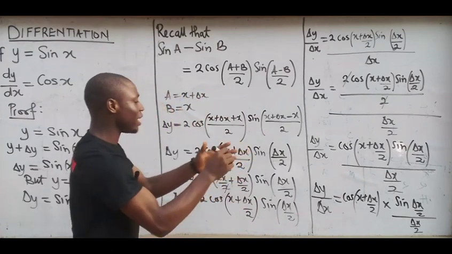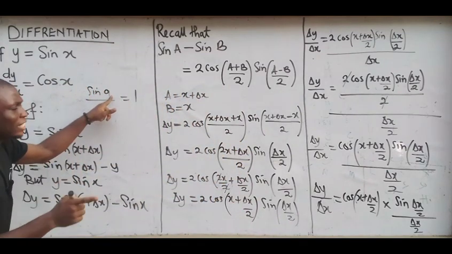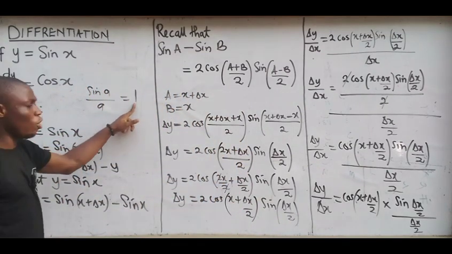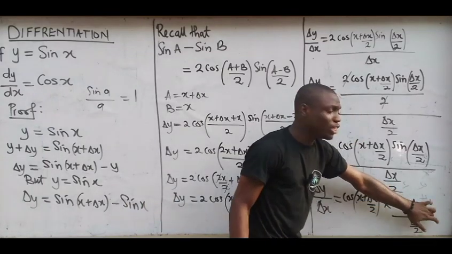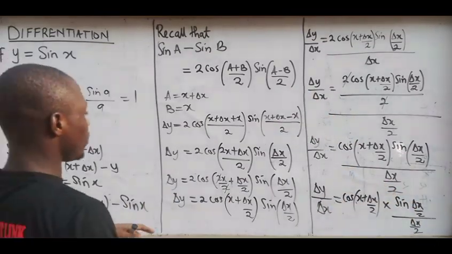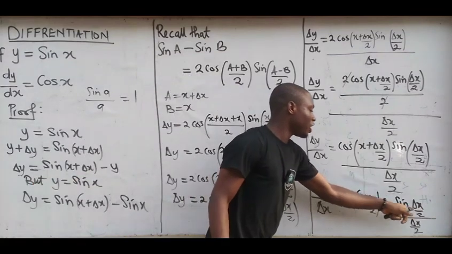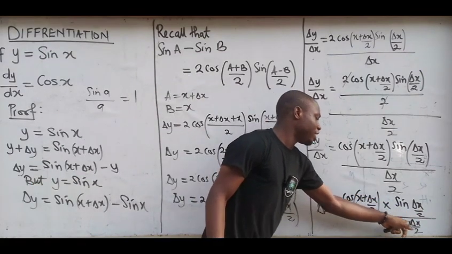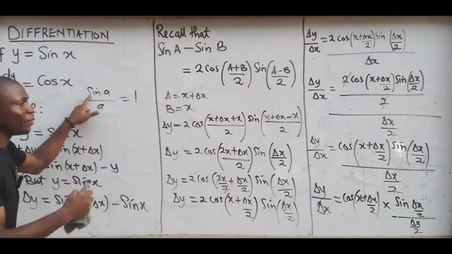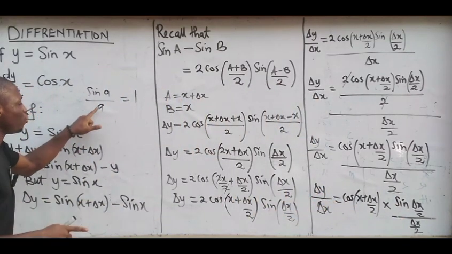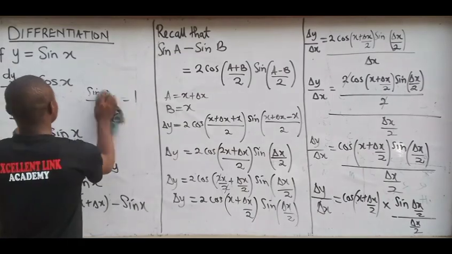We just said that if I have sine of a number divided by that same number, I have 1. Of course, sine of this over this same thing is 1. So here is 1. Sine change in x over 2 divided by change in x over 2 will be 1, because sine of a number divided by that same number is 1.